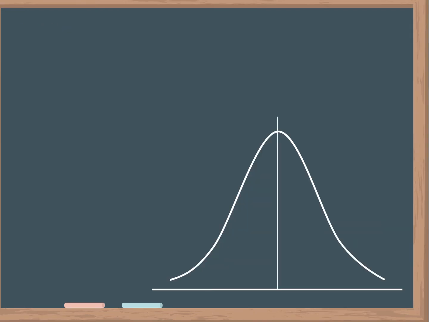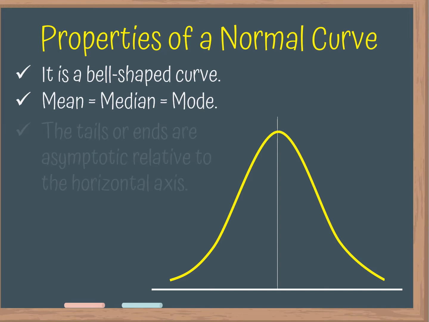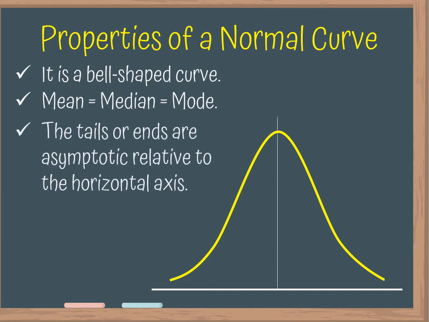For further understanding of the concepts of the normal curve, let us enumerate its properties. First, it is a bell-shaped curve. Next, the mean is equal to the median and equal to the mode. Third, the tails or ends are asymptotic relative to the horizontal axis, meaning the tails will approach the horizontal axis but will not touch it or intersect it.